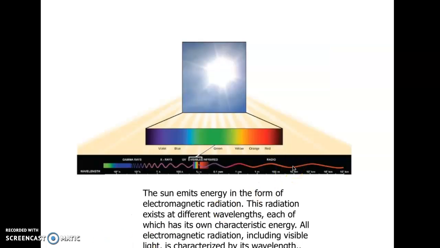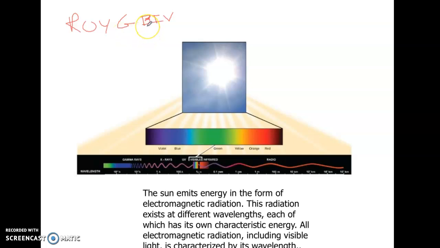So talking about the rainbow, here is an example of the rainbow. The rainbow is made up of Roy G. Biv. So that might be a way to remember it. So Roy, R-O-Y, G, B-I-V. Now, Roy is red, orange, yellow. G is green.